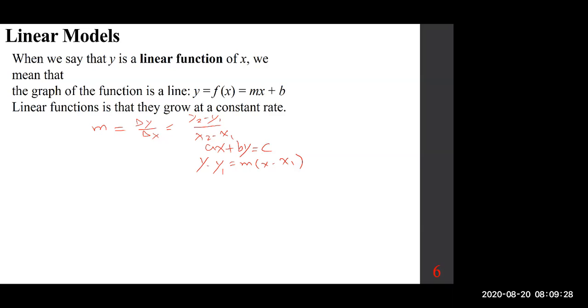If you have a vertical line, VL short for vertical line, x equals a constant such as a, and the slope is undefined, UD short for undefined. If you have a horizontal line, y equals a constant, and the slope is 0.